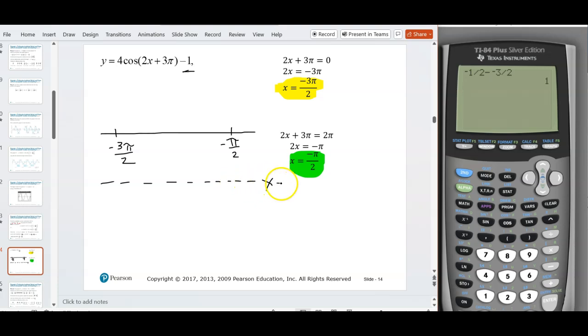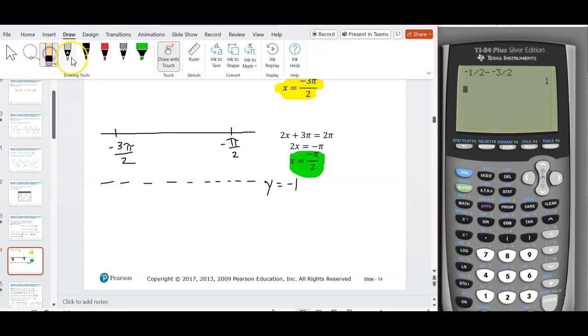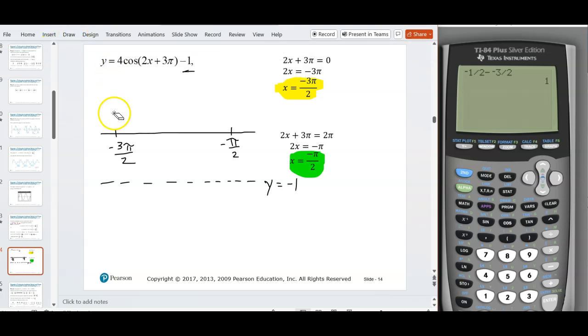Remember, the cosine function starts off at its max and it falls from its maximum. If this were negative, we would start off at our minimum and rise, but we are positive, so we're going to start off from the max.